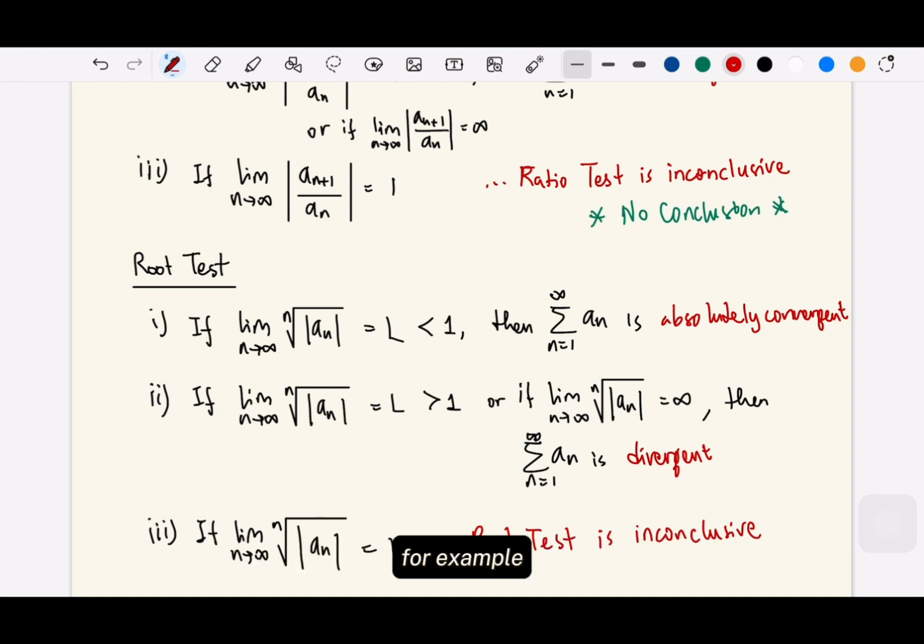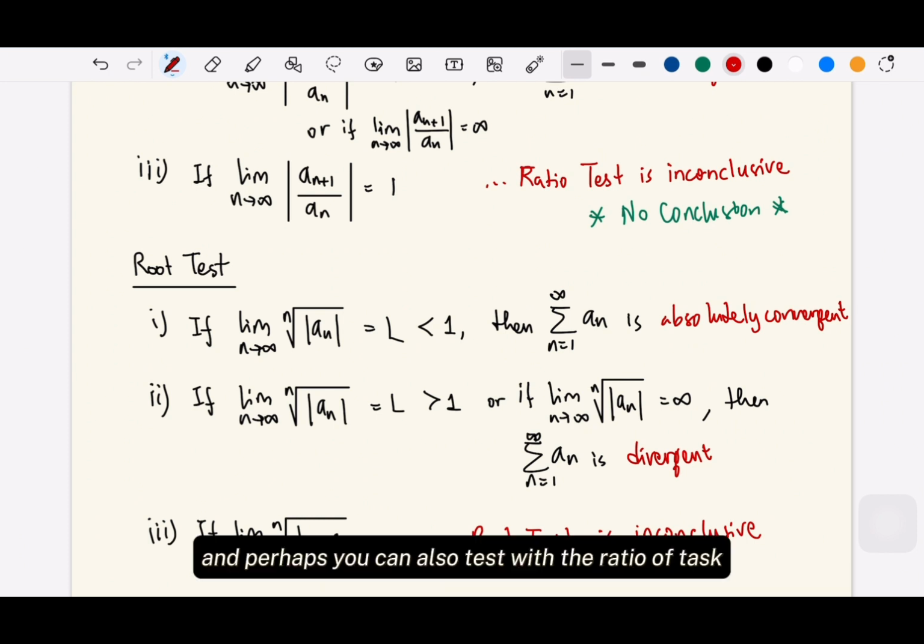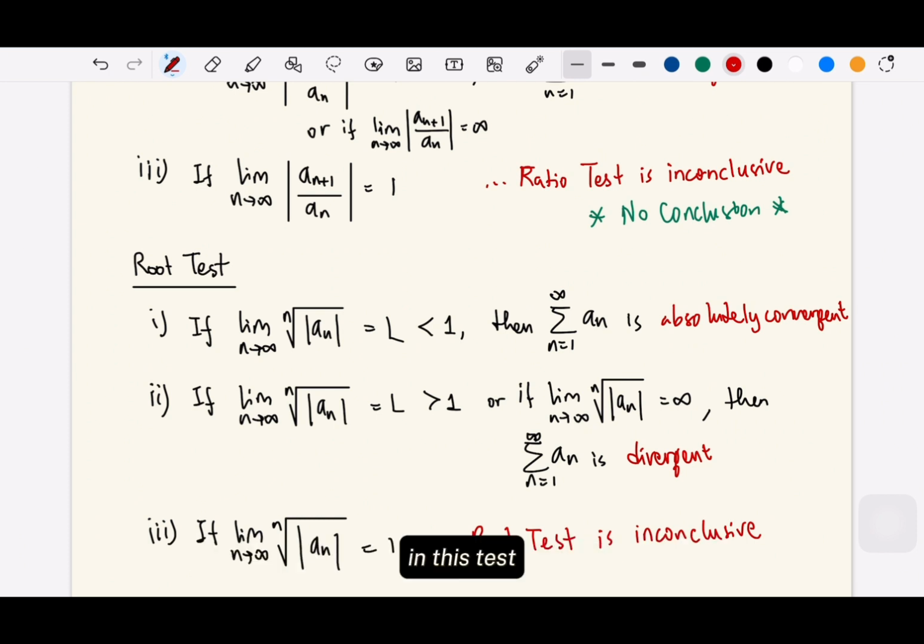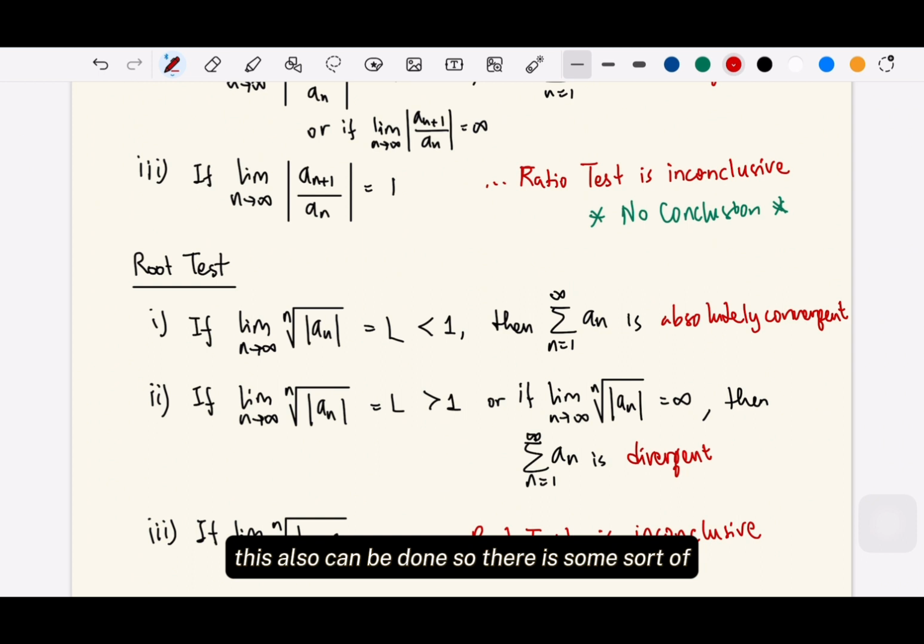For example, if you have the alternating series, perhaps you can also test with the ratio test. So there will be some combination of tests that you might need to do, maybe 2 or 3 tests for one series.